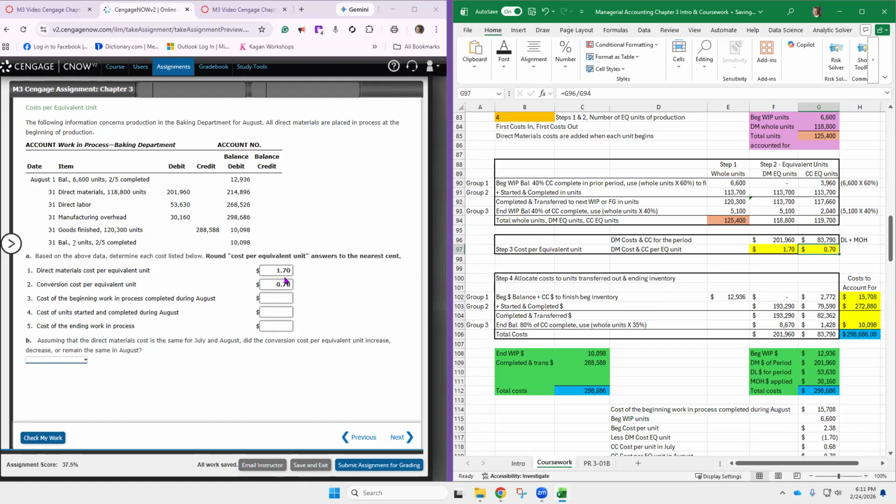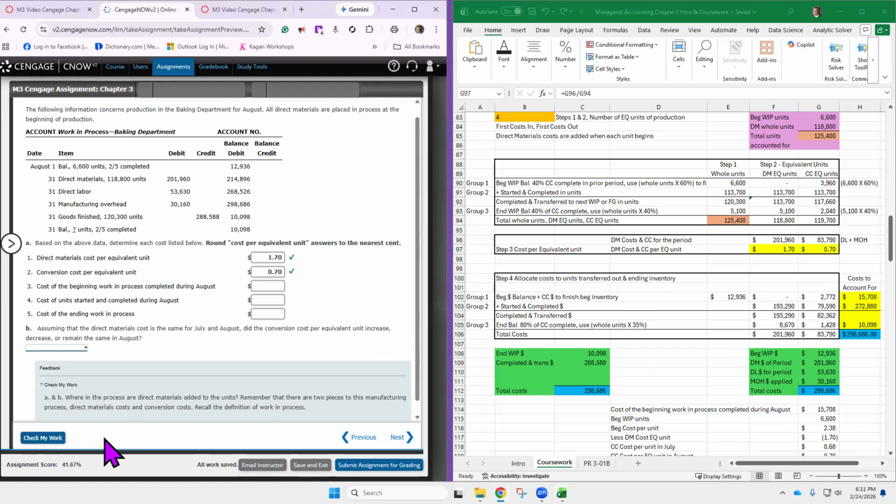Okay, so they wanted those two numbers, and you can just check it. Now comes the part where you allocate this information into groups 1, 2, and 3. So once again, this is allocating cost to the units transferred out and ending inventory.